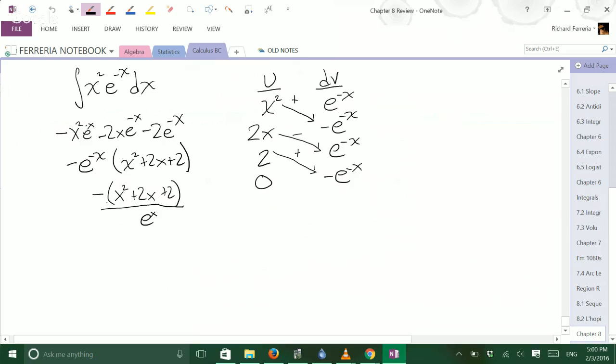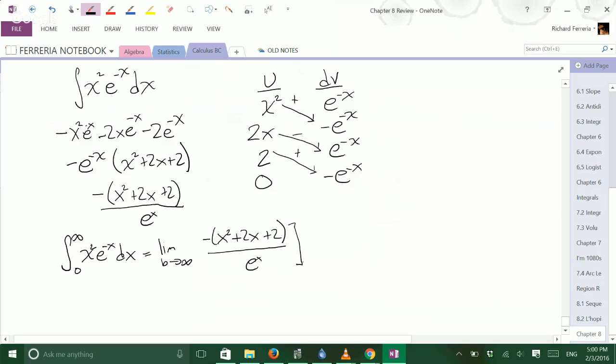Let's take a look at the integral now. What we want to integrate is from 0 to infinity. And we need to go from 0 to B.